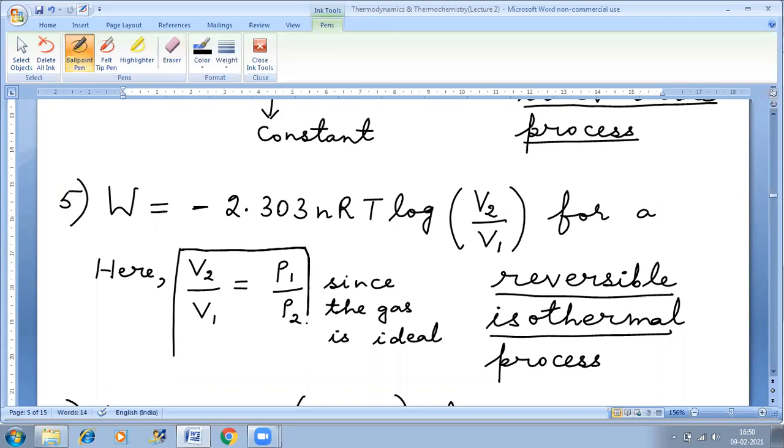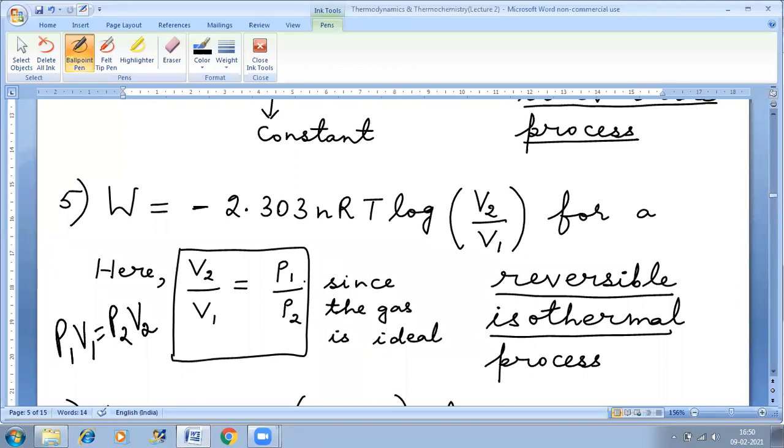V2 is the final volume, V1 is the initial volume, P1 is the initial pressure, P2 is the final pressure of the gas. So if the process is an isothermal process, I can say that P1 V1 is equal to P2 V2, or I can say V2 upon V1 is equal to P1 by P2. So this is nothing but this. This is for an isothermal process.